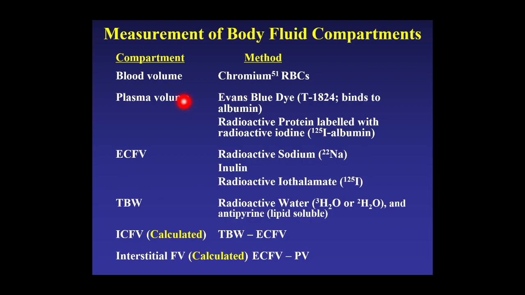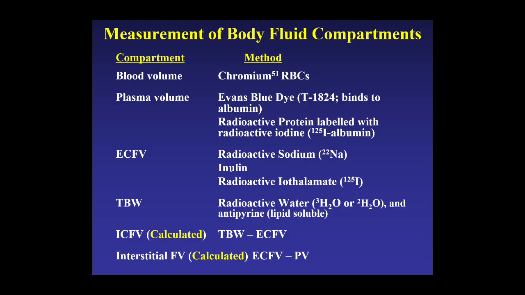If you expose blood cells to chromium, they will tag the red blood cells. So if I take some red blood cells tagged with chromium, I know how concentrated they are. I give them to a person of the same blood type, and then I can measure the concentration of chromium in the blood sample that I take from this person. Then I can apply the indicator dilution principle to determine the blood volume.